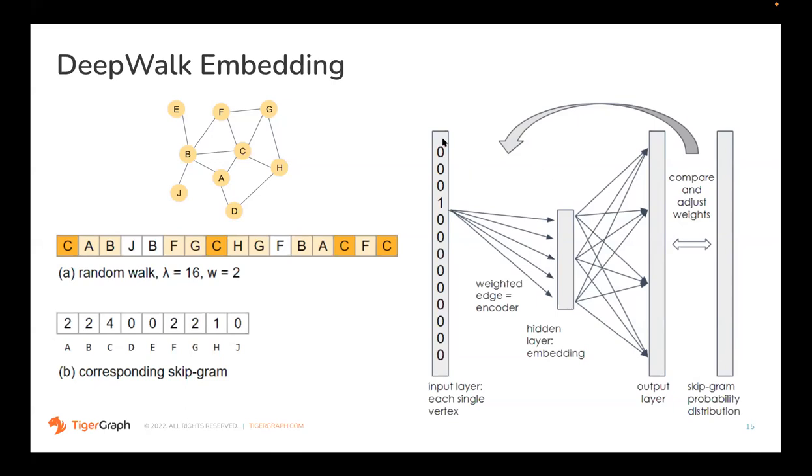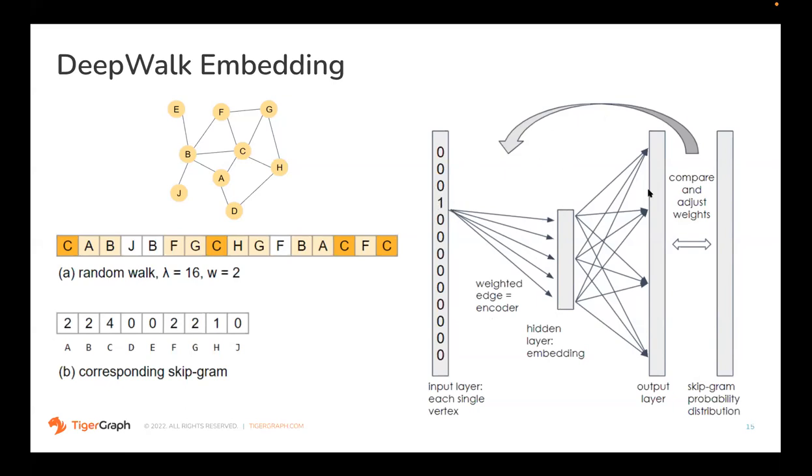You then create a mini simplified neural network. This one hot vector is supposed to represent C. I probably should have put it up here. It said A, B, C, but only one is there.